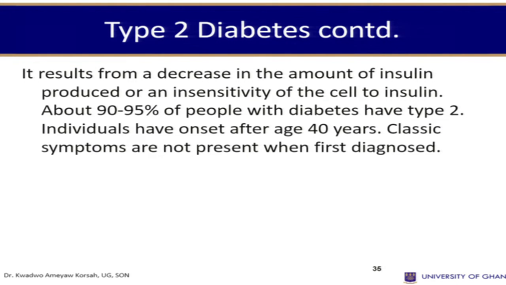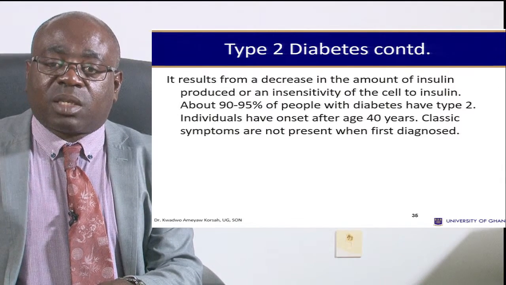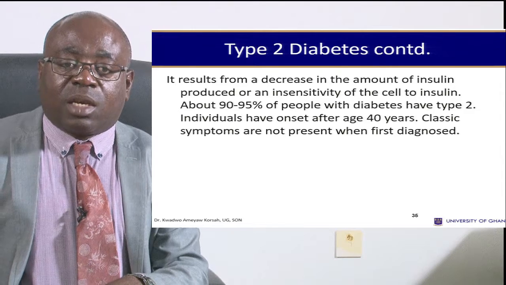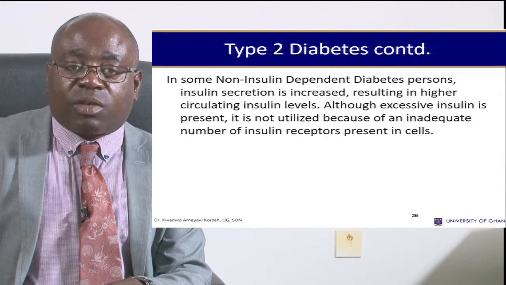It also results from a decrease in the amount of insulin produced. About 90 to 95% of people with diabetes have type 2, with onset after age 40, and the classic symptoms are not present when the condition is first diagnosed.